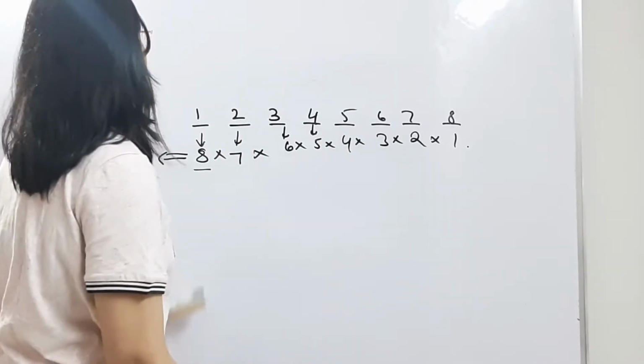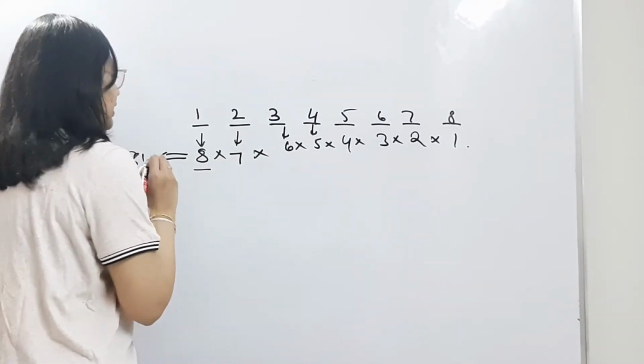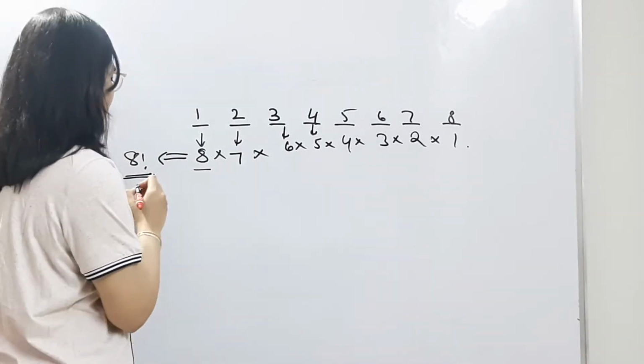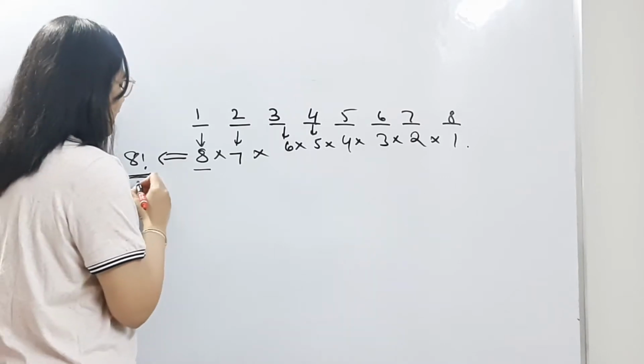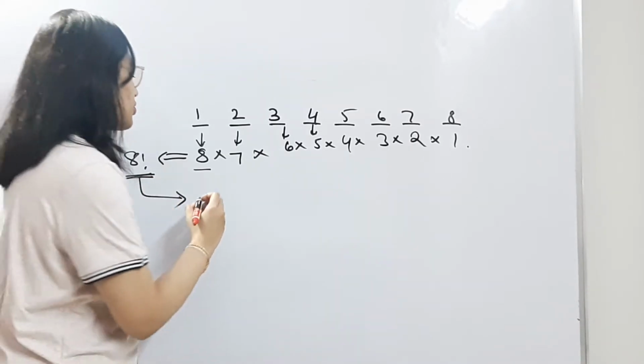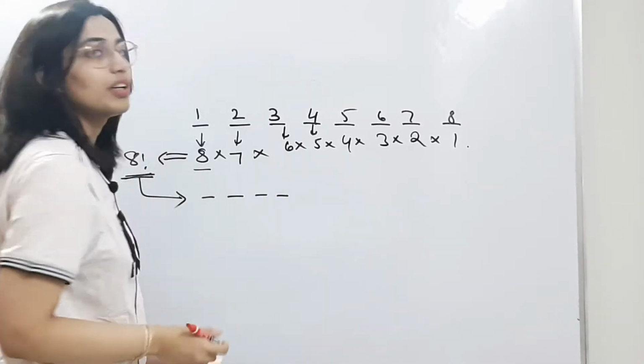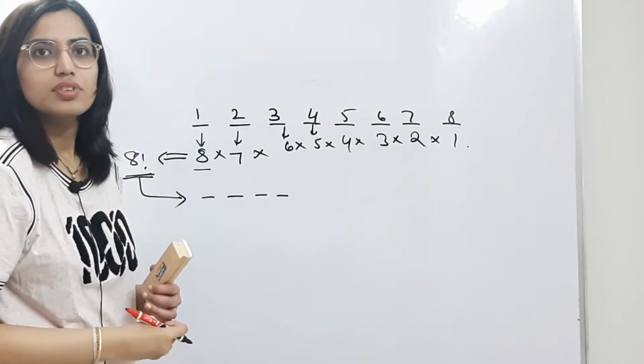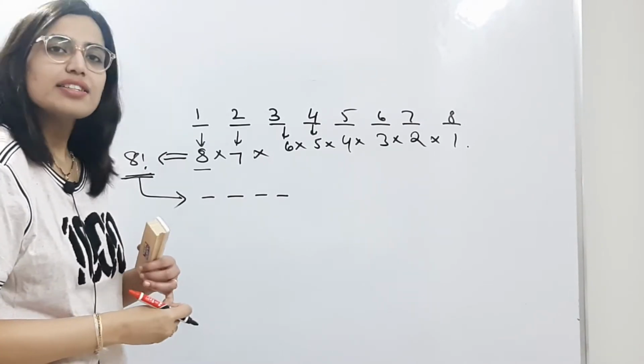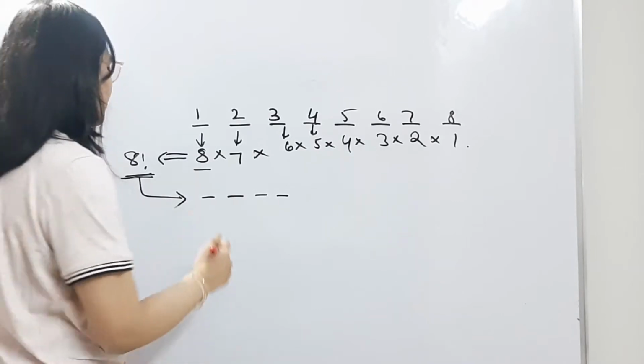Now, if I say that there are 8 people in a race and I want them to stand in only 4 positions, how many ways is this possible?